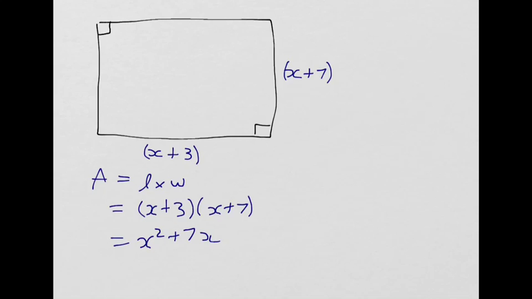And then 3 times x is 3x. And then 3 times 7 is 21. Okay? And then I'm going to add these two middle terms together, because they're like terms. So that gives me x squared plus 10x plus 21.